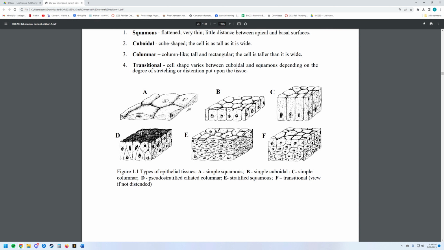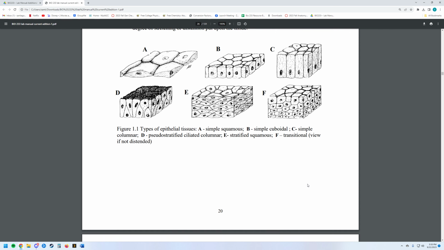I don't know how to recognize that. Here it says F is a transitional. I mean, it looks like a cuboidal to me. So yeah, that is going to be a hard one.